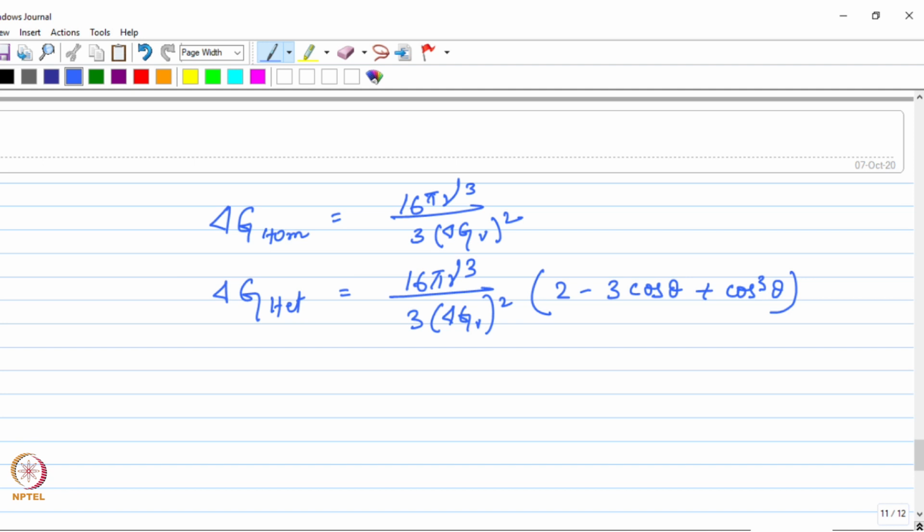Right? So from here you can easily see that for small contact angles, delta G heterogeneous is going to be much smaller compared to delta G homogeneous, right? And as a result, when you have heterogeneous nucleation sites, more nuclei can easily form compared to the homogeneous case, right?